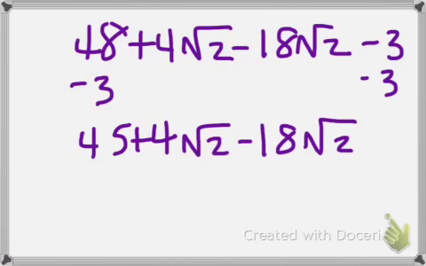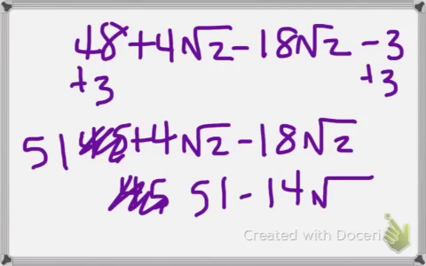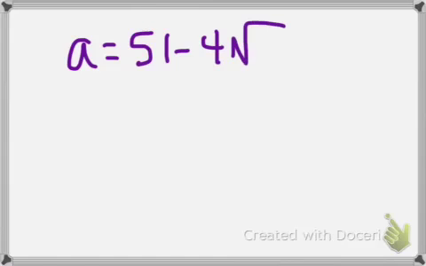Then you combine both radicals, so it will be 51 minus 14 radical 2. So the total area of this problem will equal 51 minus 14 radical 2.